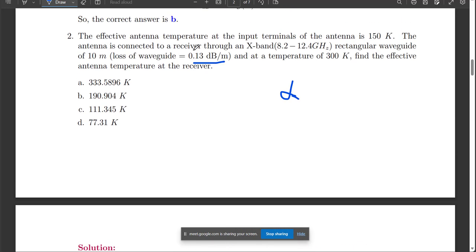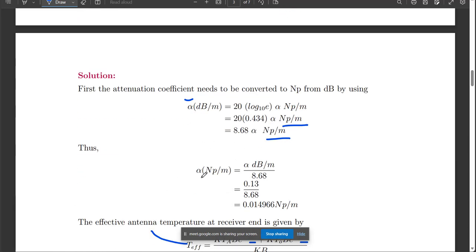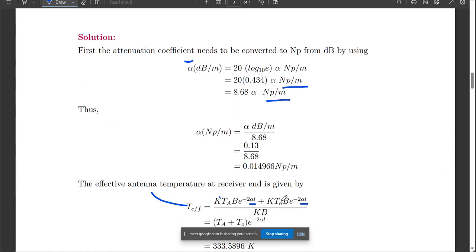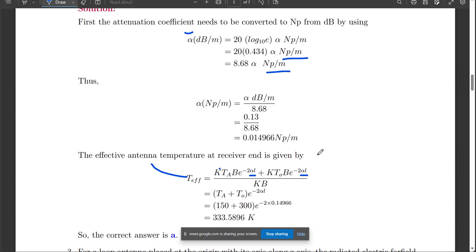How much is it? 0.13 dB per meter, right? So from here we will be able to find out the value of alpha in Nepers per meter, which will be equal to 0.149, or you can directly take it as 0.15. So 0.14966 Nepers per meter.